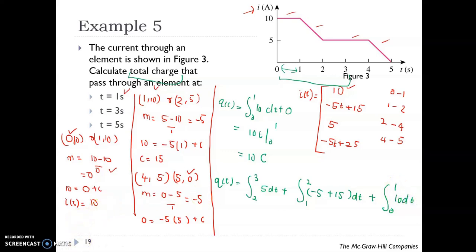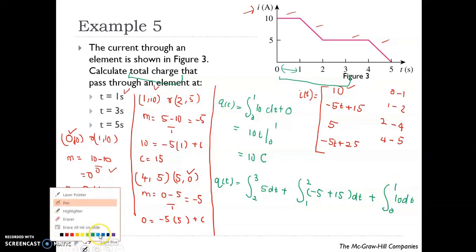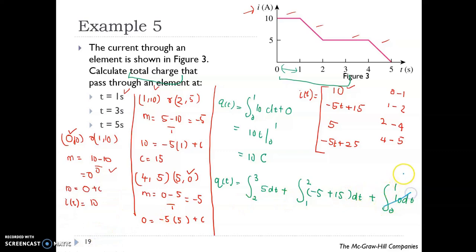And this part you already solved, this is equal to 10. So what you need to solve is the other parts.